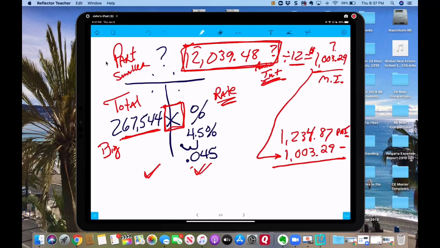So 1234.87 minus the interest, 1,003.29, gives me $231.58.